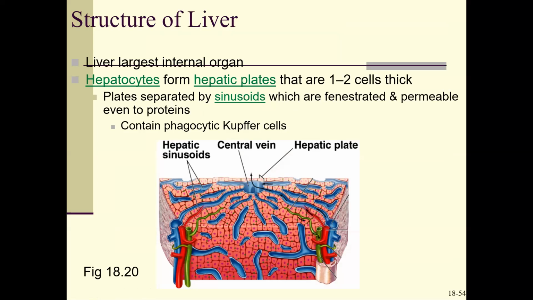It manages the body's metabolism, does detoxification, makes bile, makes most of the blood proteins. The surface of the liver is covered by a serous membrane called the visceral peritoneum. And the peripheral visceral peritoneum folds over on itself, and it suspends the liver from the abdominal wall and the diaphragm.